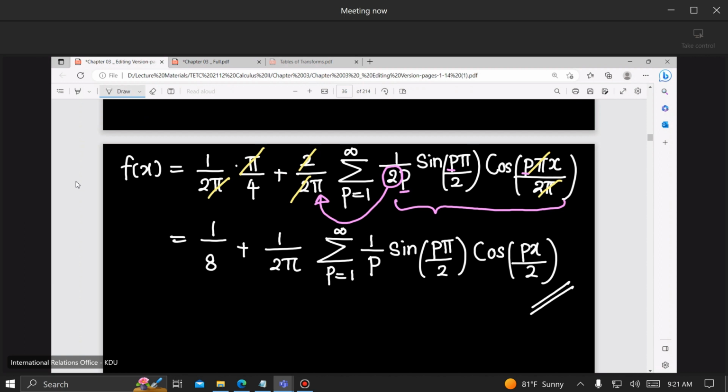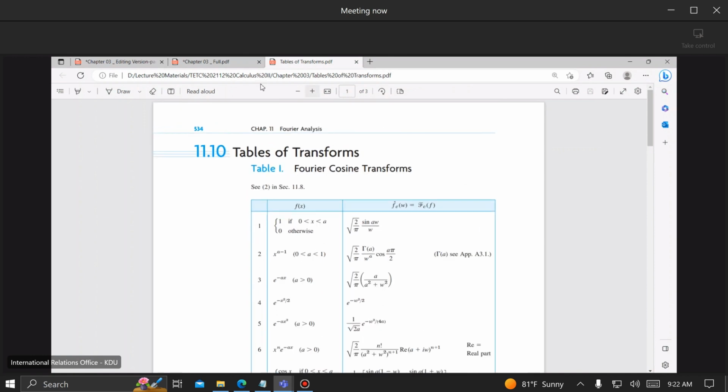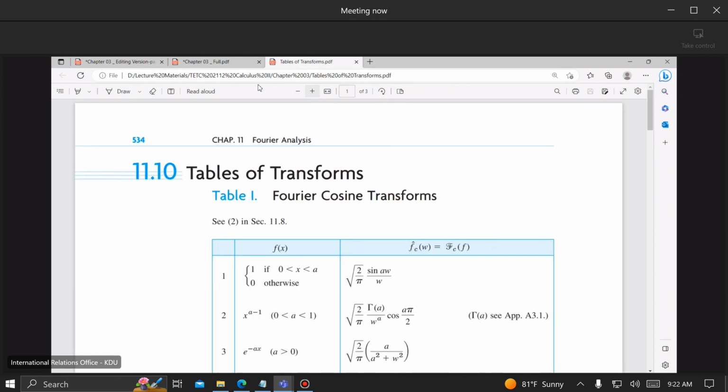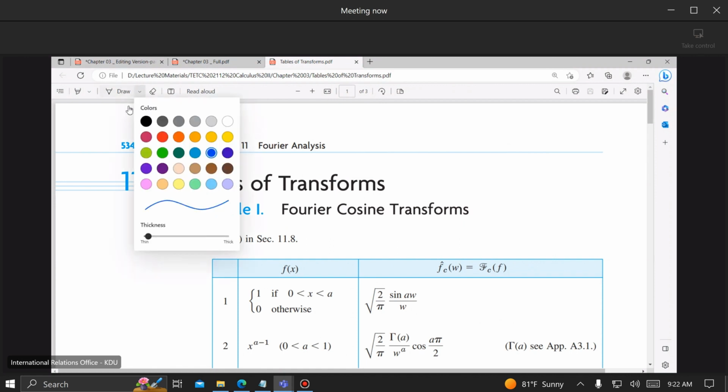Another lecture given. So let's discuss some examples of how to obtain the Fourier transform and Fourier sine, Fourier cosine and Fourier transform using the table. So first, you have to be familiar with these tables. So here, not just like Laplace transform, here we are going to deal with 3 tables.